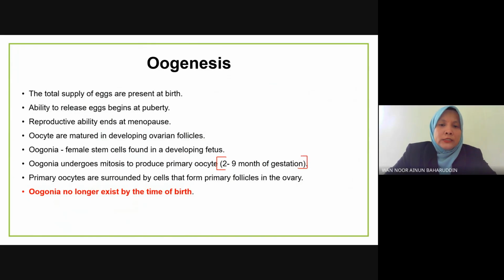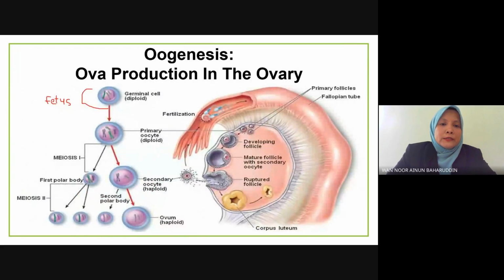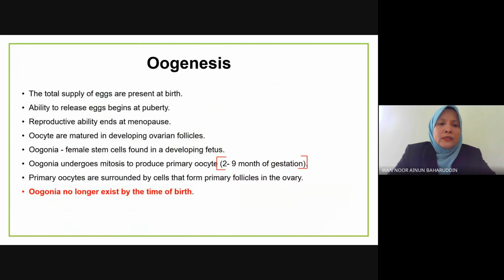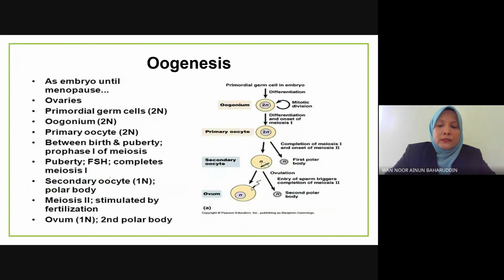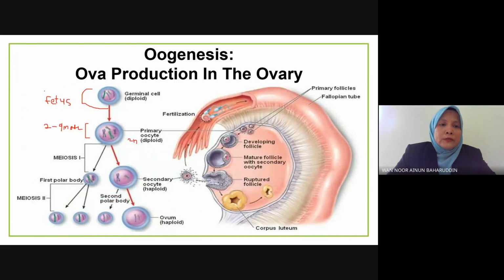So within 2 to 9 months inside the mother's womb, they develop into primary oocytes, which are also diploid in number. Primary oocytes are surrounded by cells that form primary follicles in the ovary, and this oogonia no longer exists after the time of birth.